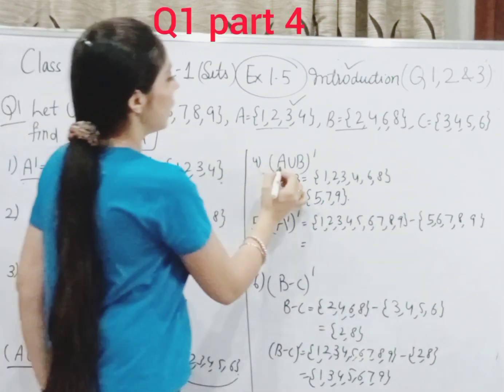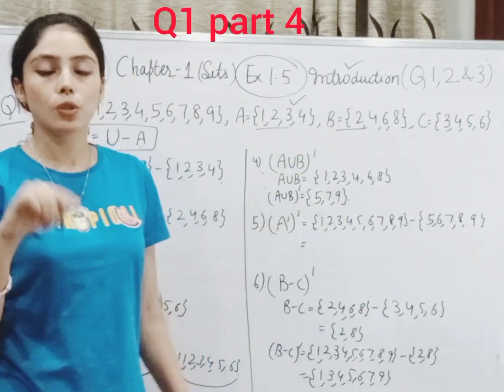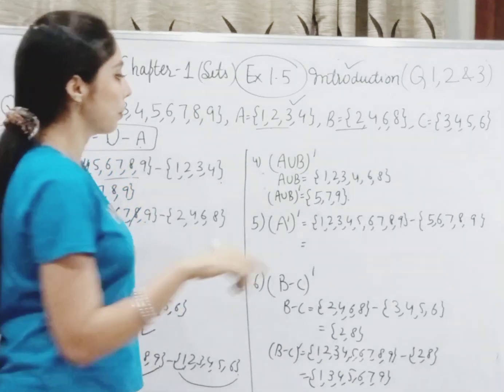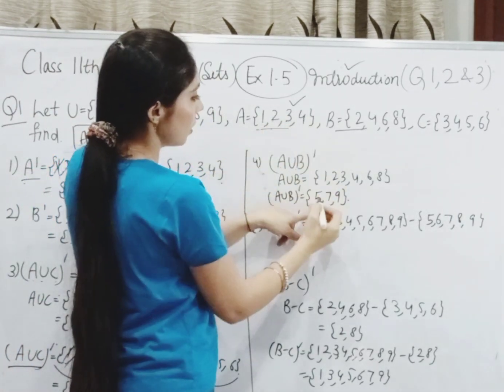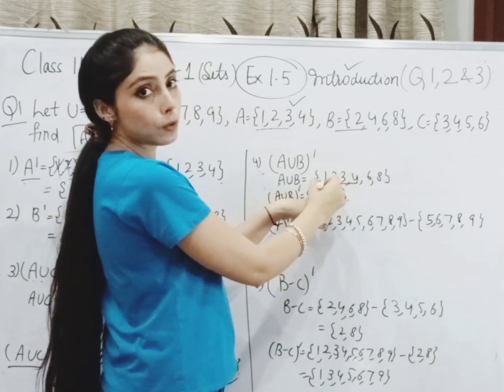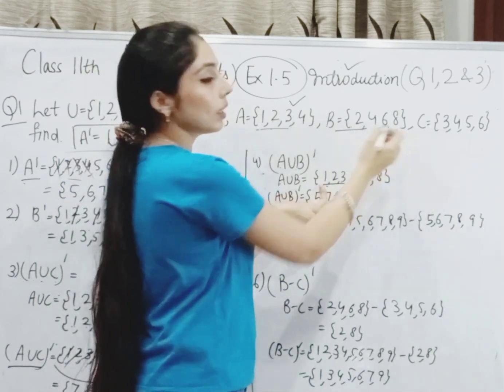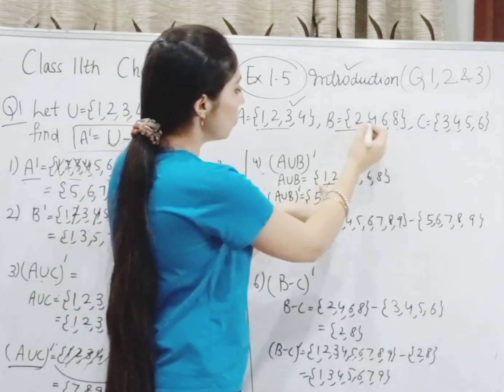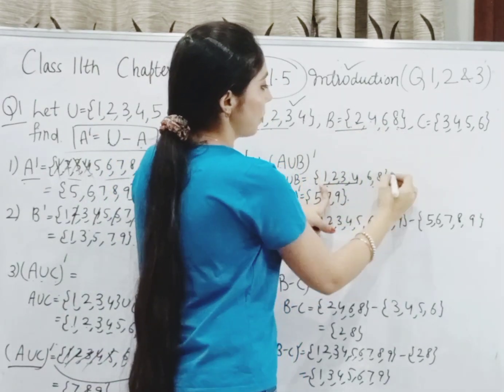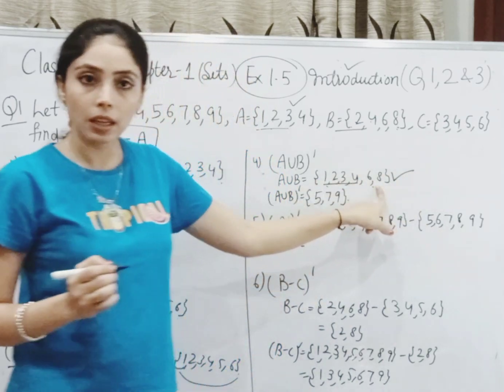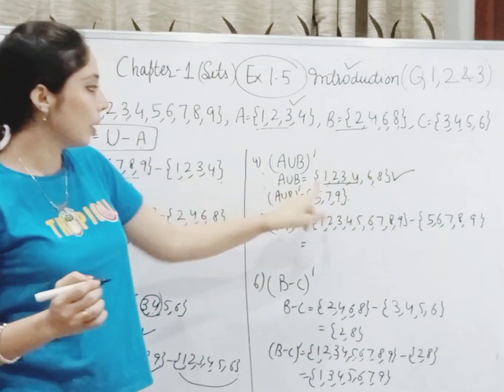What about the complement of A union B? First of all, we will find A union B. What is A union B? 1, 2, 3, 4: all the elements of set A and all the elements of set B. Here 2, 4 is repeating, so we will not write it again. 6, 8 will be here. This is A union B. But we have to find the complement of this.